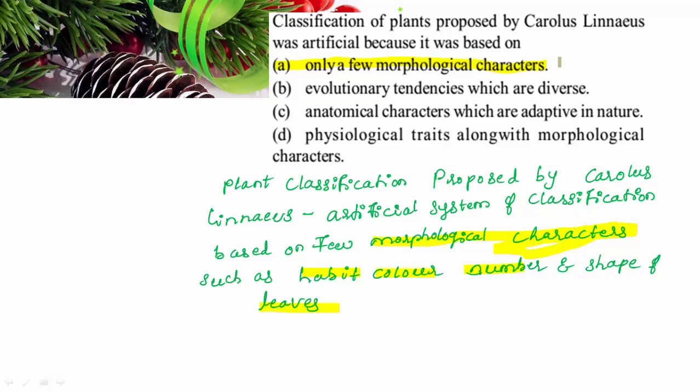All the characters, anatomy, biochemistry, especially evolutionary relationships, physiology, were completely neglected by Linnaeus. He selected only morphological characters to classify the organisms. So, for the question, the right answer is option A.